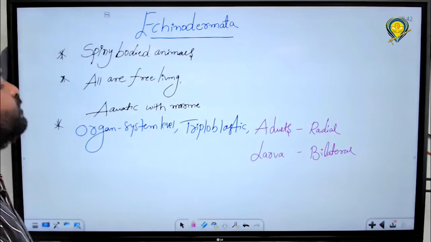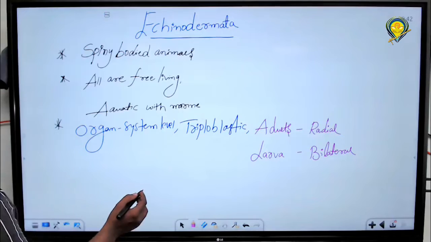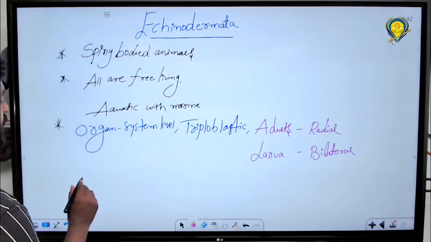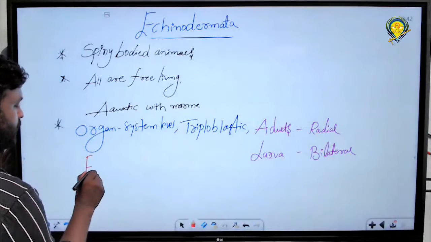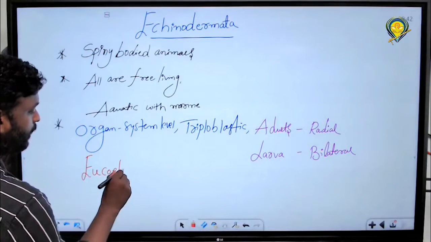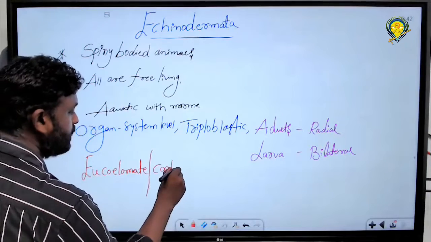And next one, after this, we discuss what kind of coelom it is. Definitely, it is eucoelomate, true body cavity animals, also said to be coelomate.